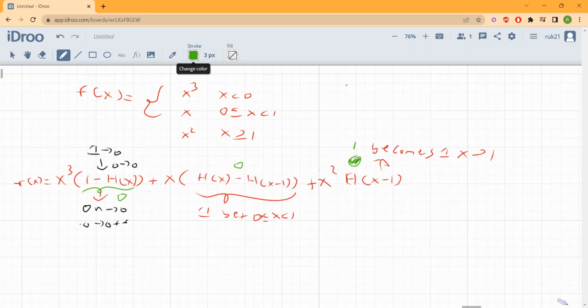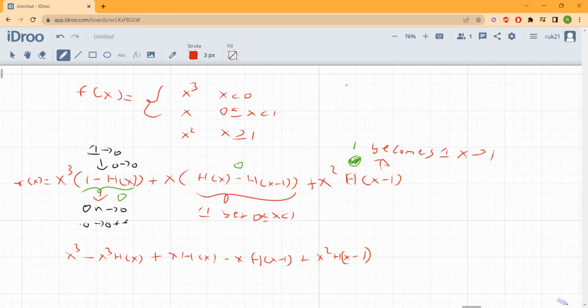Now, there's an easier way to visualize this, and we can see this way if we open up the brackets. So if we open up the brackets, what we're going to get is x cubed minus x cubed h(x) plus, we're going to open up the brackets here, x h(x) minus 3, minus x h(x minus 1) plus x squared h(x minus 1).